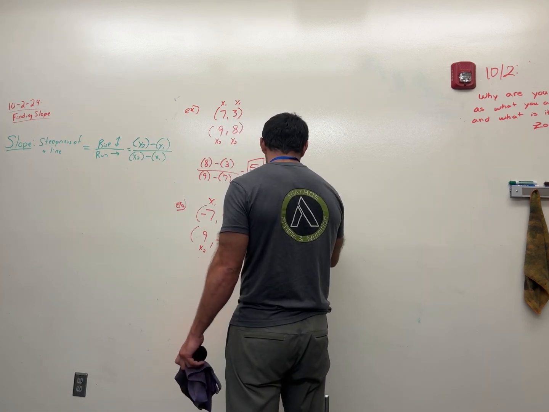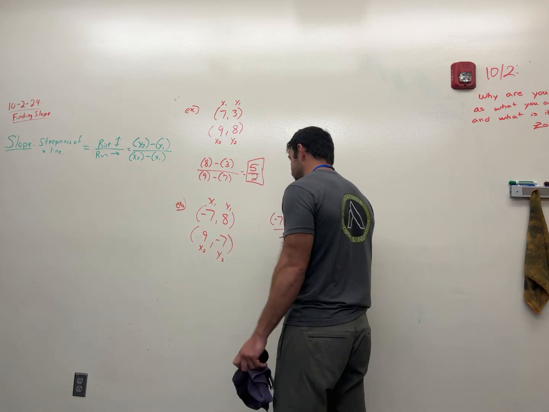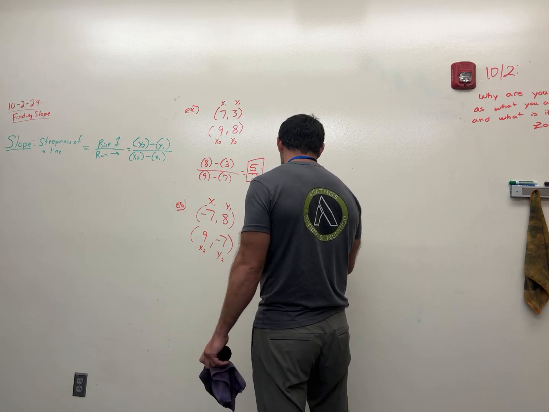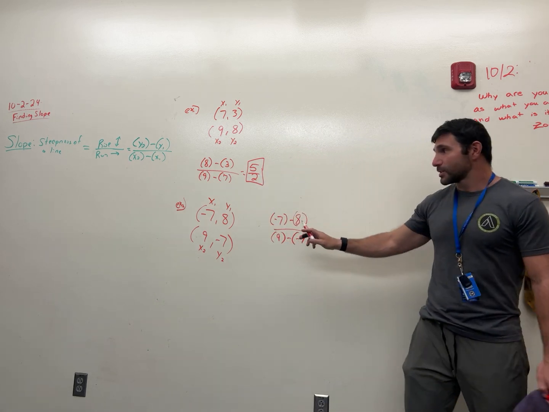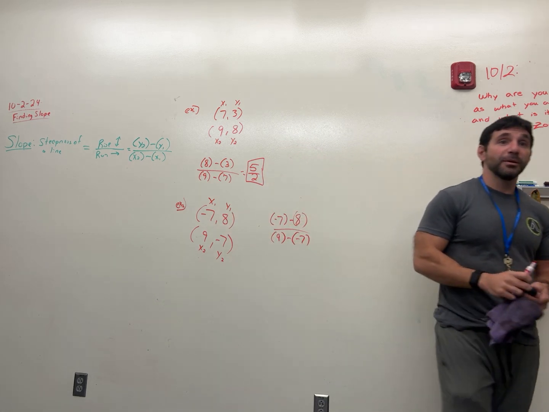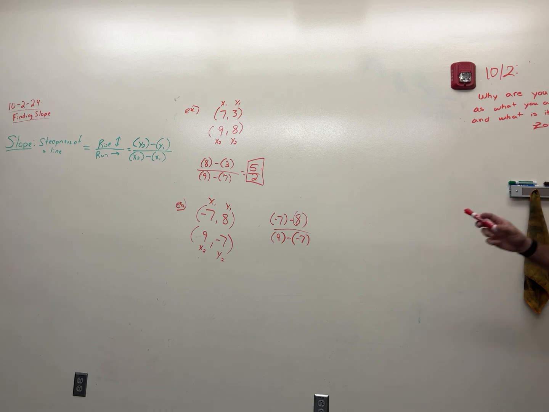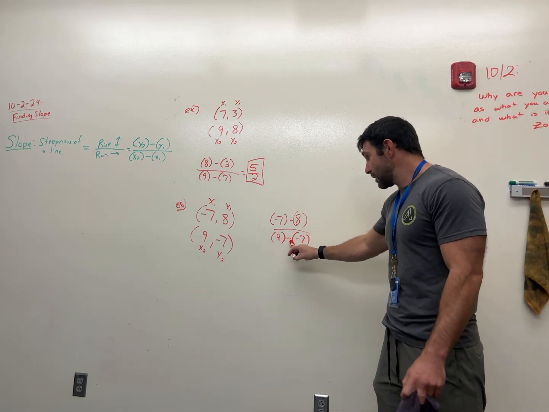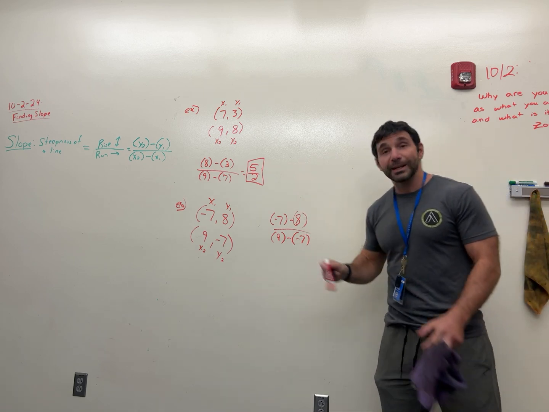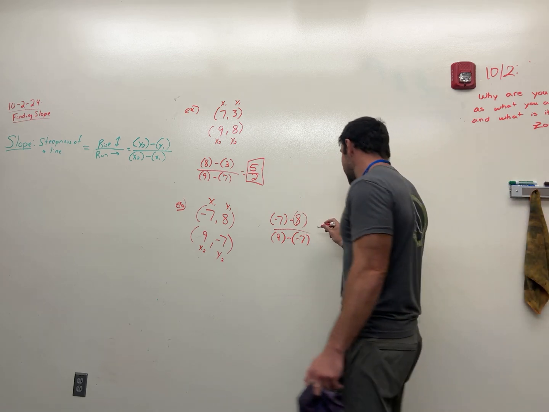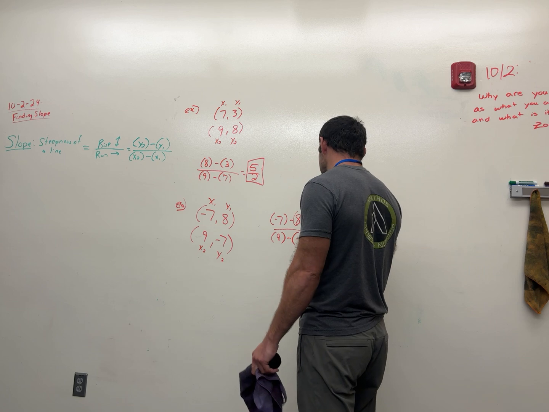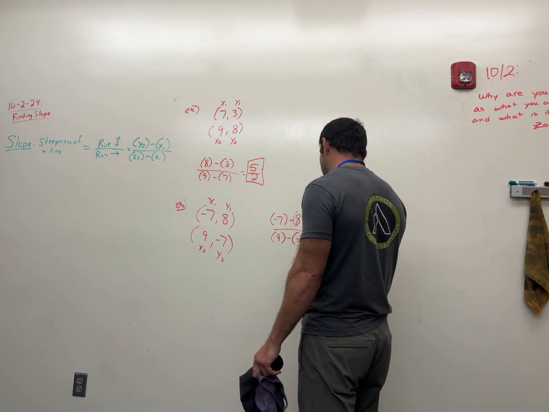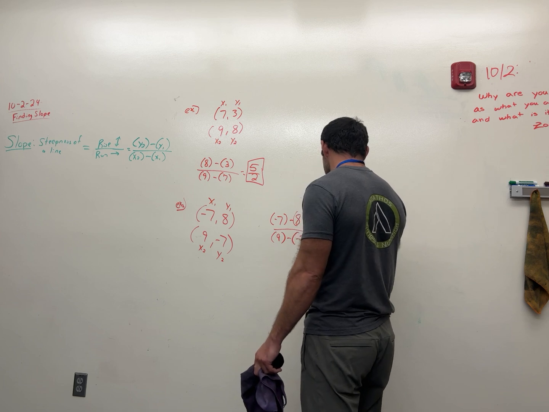Negative 7 minus 8 divided by 9 minus a negative 7. And it's really this minus. A lot of people would just write 9 minus 7, but that's not what the formula is. It's y2 minus y1. y2 minus, well, what's y1? y1 is negative 7. So now, negative 7 minus 8 is negative 15 divided by 9 minus a negative 7, which is adding, is 16.